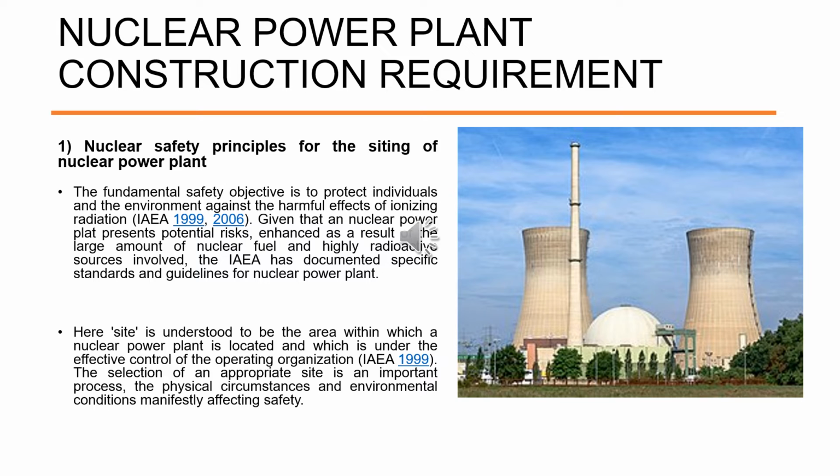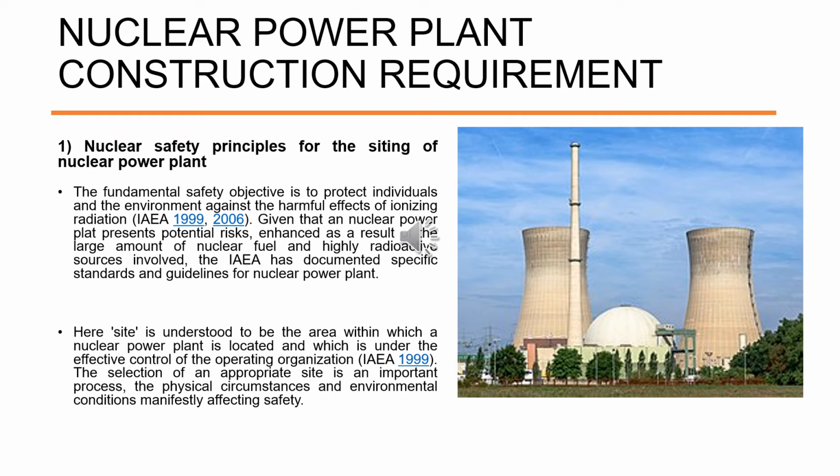Assessment of radiological hazards from the plant to the surroundings during normal operation and its abnormal condition are necessary. Number four, feasibility of emergency plans. Emergency plans are derived from the risk assessment to provide protection and countermeasures in case of accident or radiological event in the nuclear power plant.